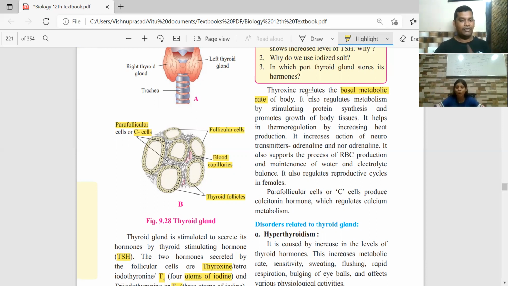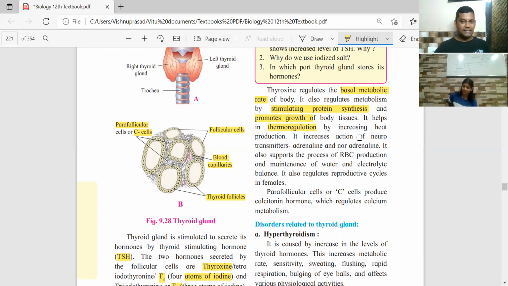Thyroxine regulates metabolism, stimulates protein synthesis in the cells, and promotes body tissue growth. It also helps in thermoregulation, temperature regulation, and increases heat production.